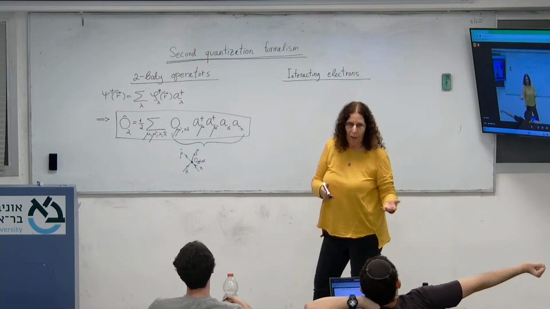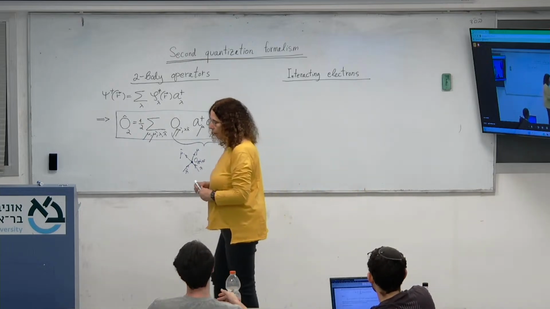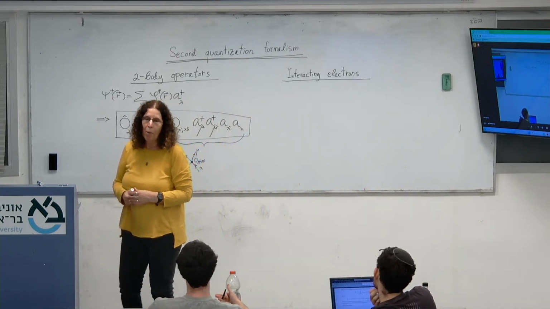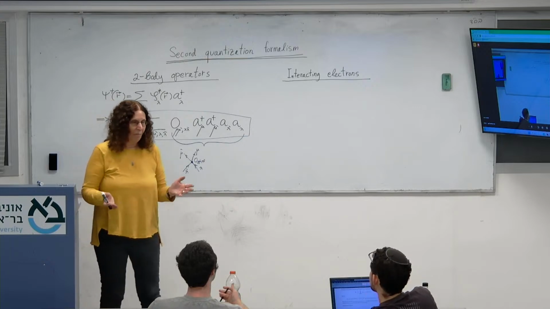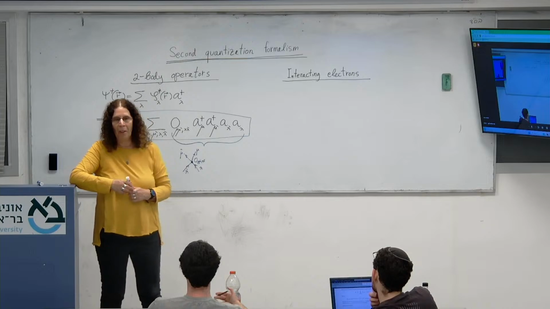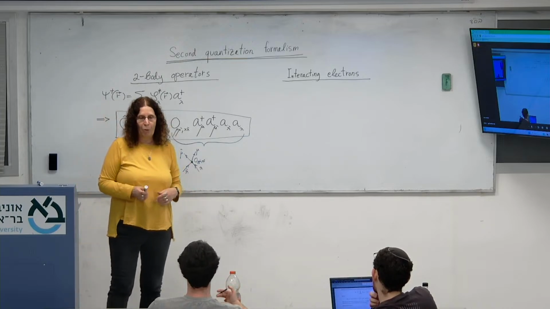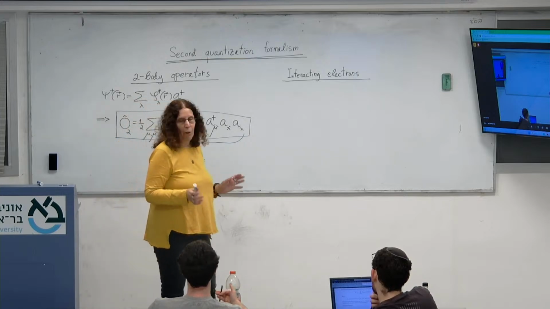And there are, of course, many other examples, and in fact, except maybe for photons in a vacuum or in a linear material, most problems of many particles involve interactions.